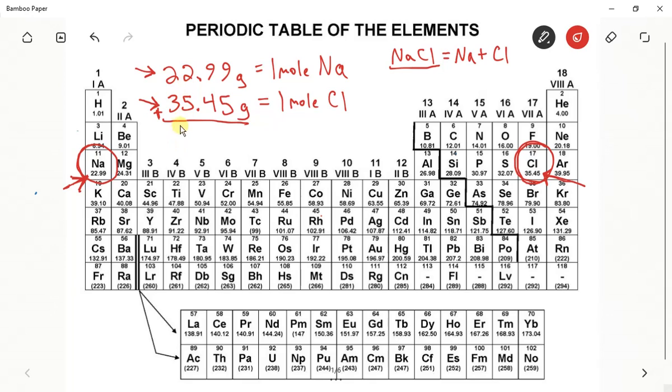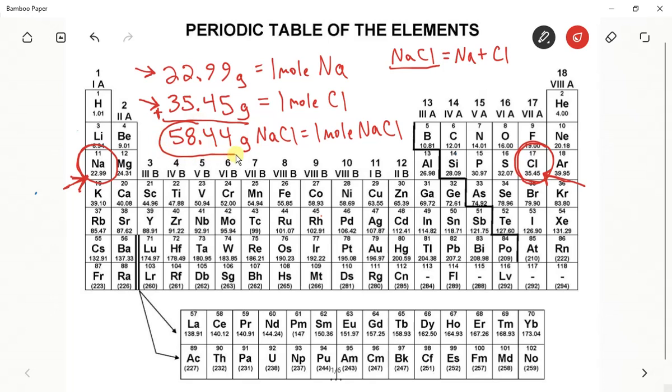So if you add them together, that gives us 58.44 grams of sodium chloride equals 1 mole of sodium chloride.